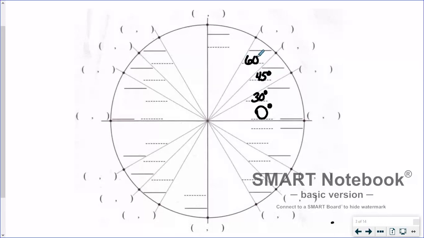Yep, then 60, because we add 15 again. Then a big jump, so we add 30 to get to 90. Another big jump over here, so we add 30 again, 120 degrees, absolutely. A little jump. Another little jump. Yep. And then a big jump. Exactly.